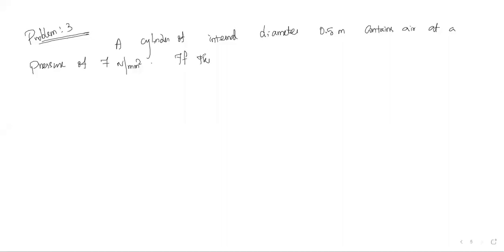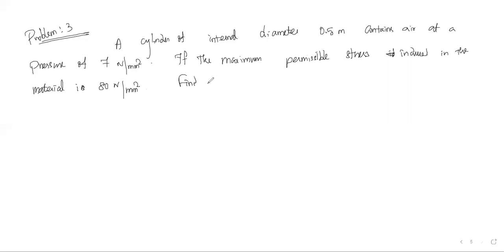If the maximum permissible stress induced in the material is 80 Newton per mm square, find the thickness of the cylinder.